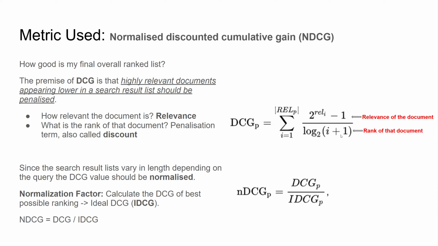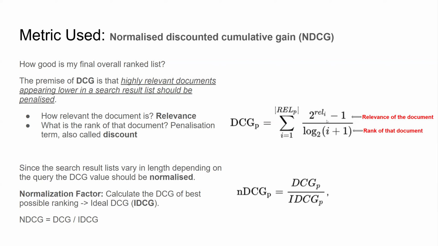The denominator represents the rank of the document, and the numerator represents how relevant that document is. If a relevant document is ranked really low in the list, the gain that we get from that is really low because the denominator shoots up. This is how the DCG is computed, and we add this score for all the documents in a list.